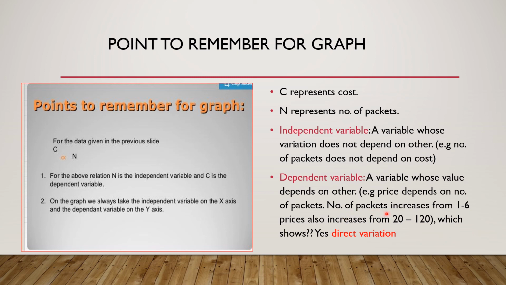Number of packets increases from 1 to 6, price also increases from 20 to 120, which shows that the independent variable is, yes, number of packets, and the dependent variable is cost, because cost is dependent on the number of packets. So what is the relation? Yes, this is the direct relation.